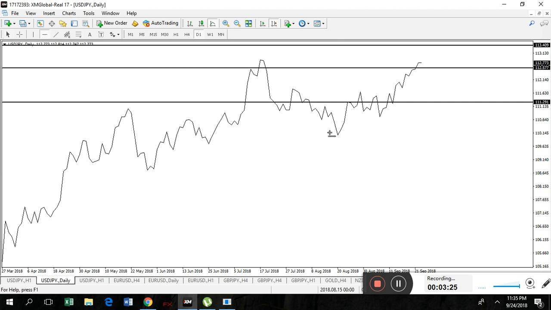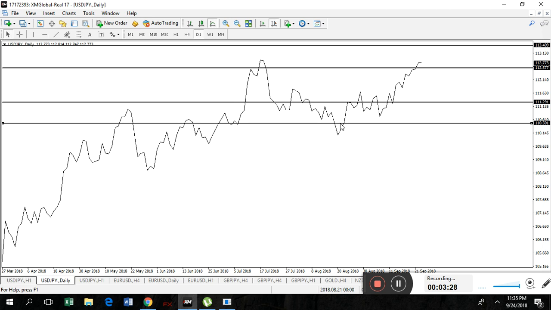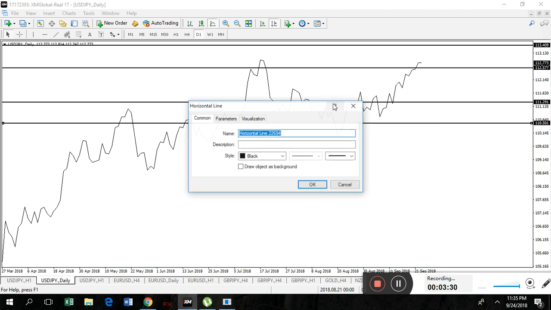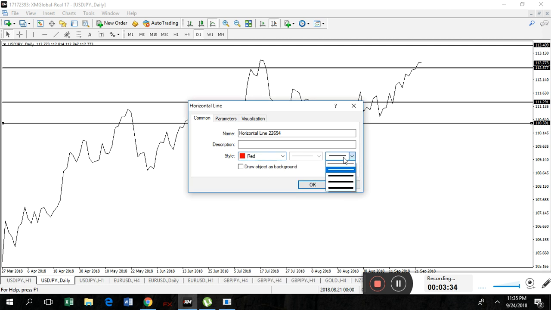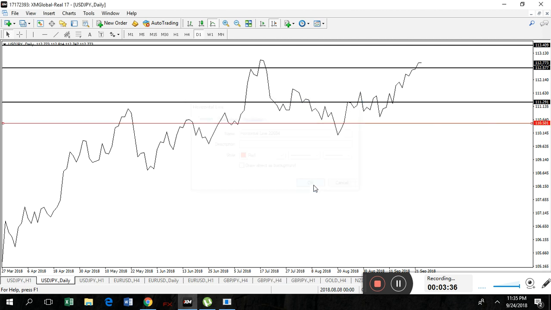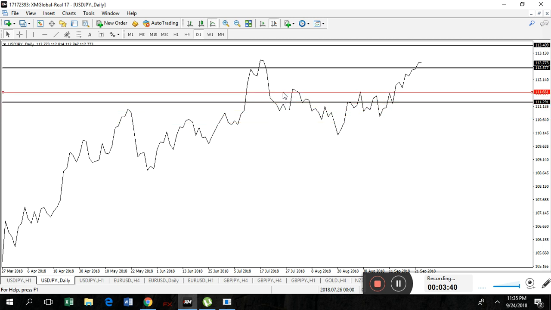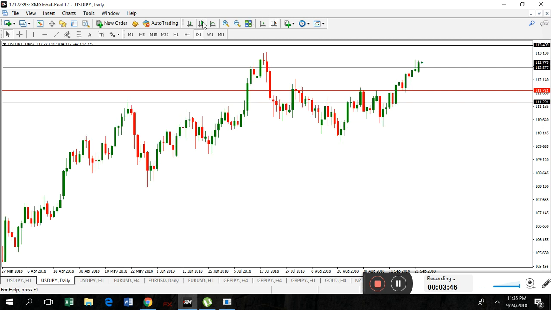As you move down to the daily, we'll change the dailies to red and less thick, just normal thickness. As I interchange, there's a touch here, a touch here, a touch here, a touch here.